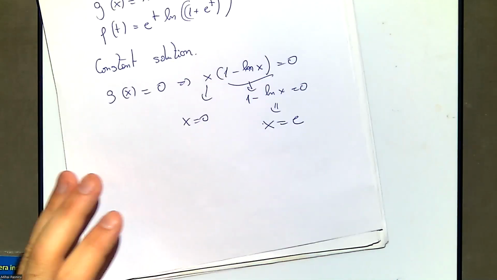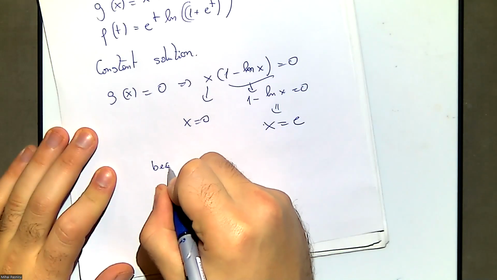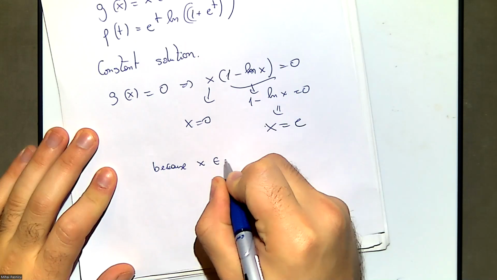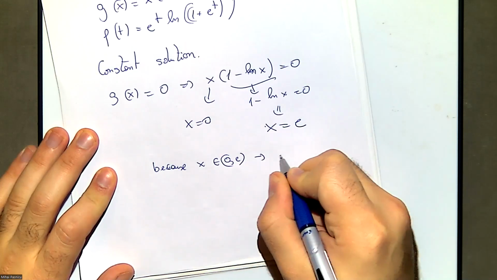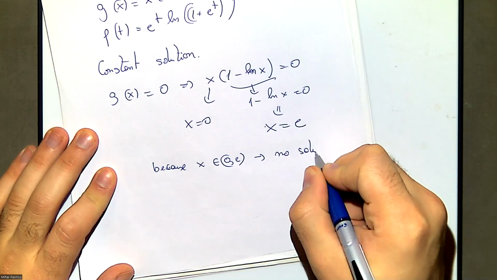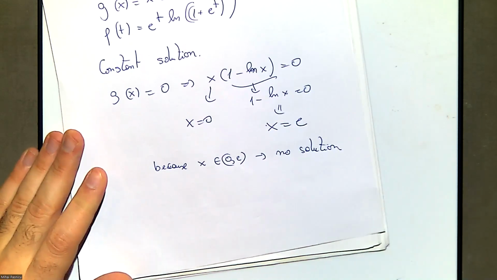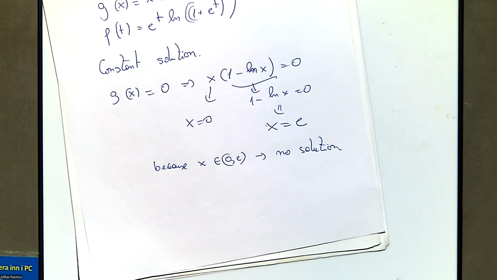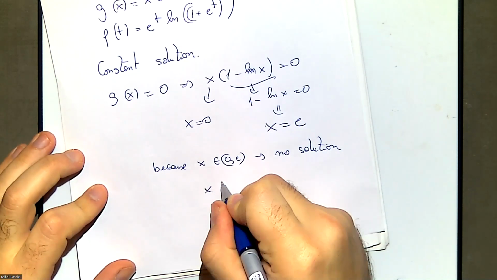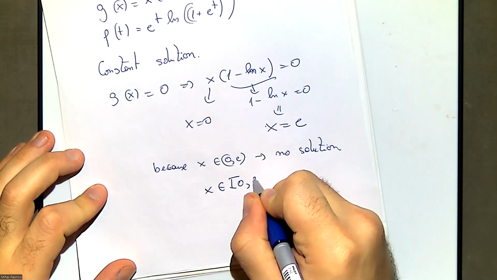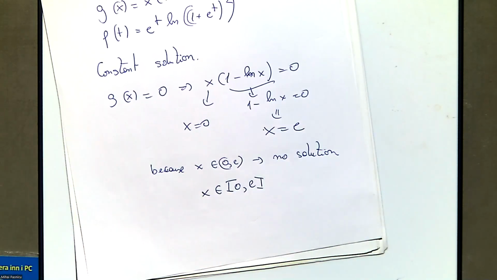So my answer here would be, because x is in (0, e), no constant solution in this case. Makes sense. Open means I'm not going to get my edges. X can't be the edges. If it was a closed interval, then I would have had two solutions. But since it's open, I have none.